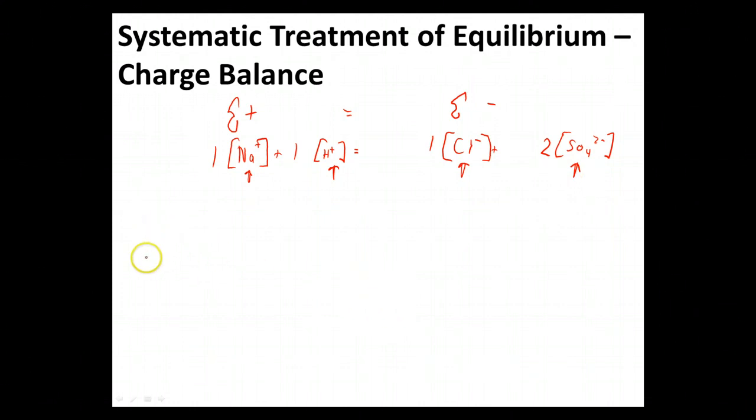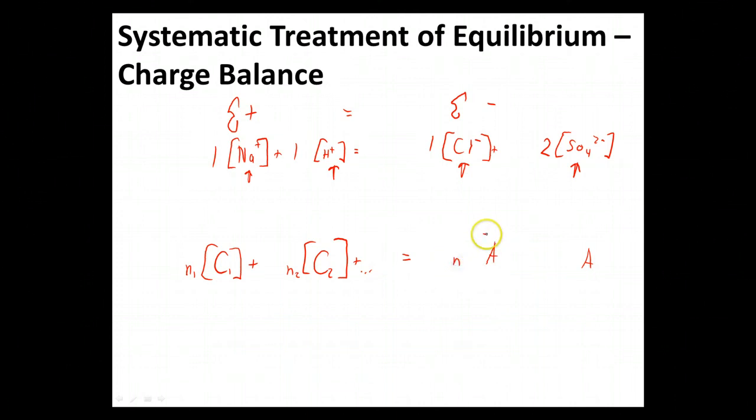So the general form of that is going to be, I'm going to use C for cations, and I'm going to use A for anions. We're going to have one of these cations and its charge, plus another cation, plus etc. equals, we can set things up the same way over here.